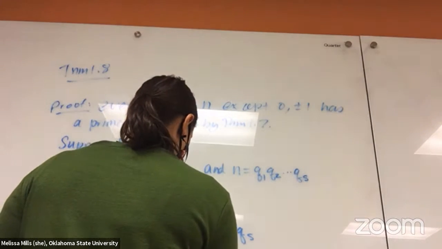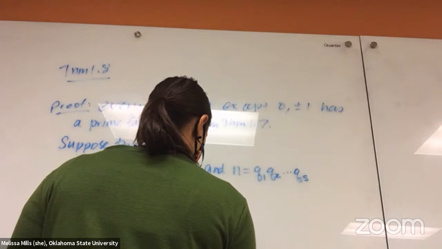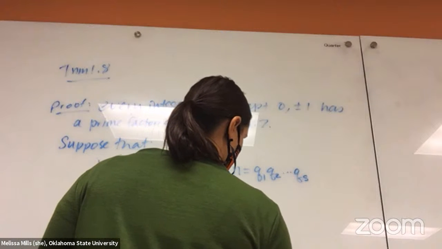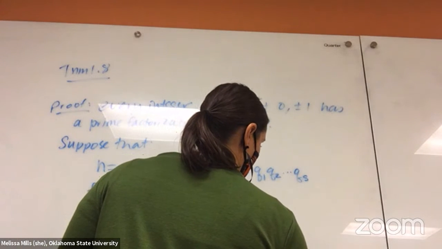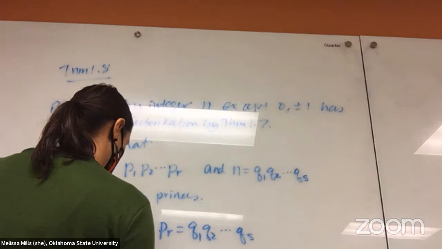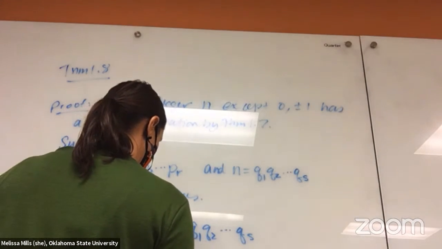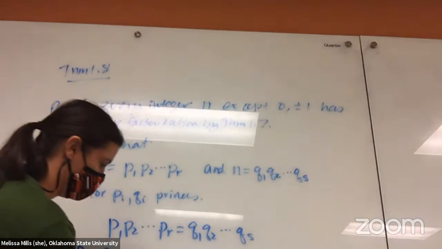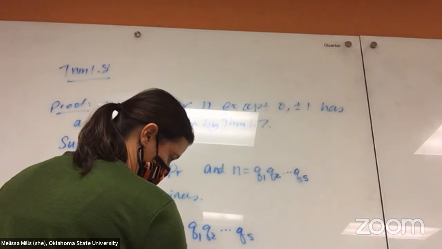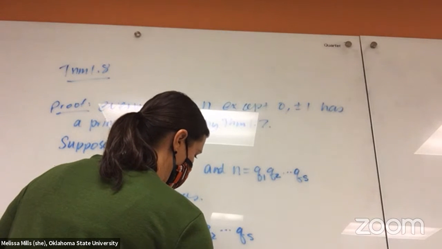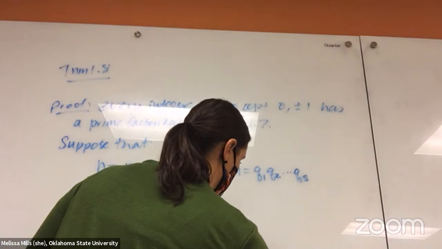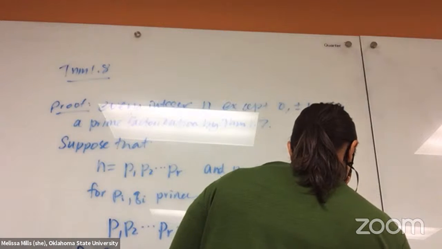Since P1 divides Q1, Q2, QS, then P1 divides one of the QI. Okay, QI, yeah. So let's relabel and reorder so that QI is equal to Q1.